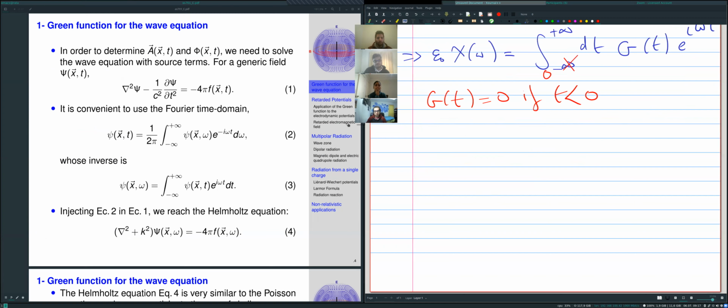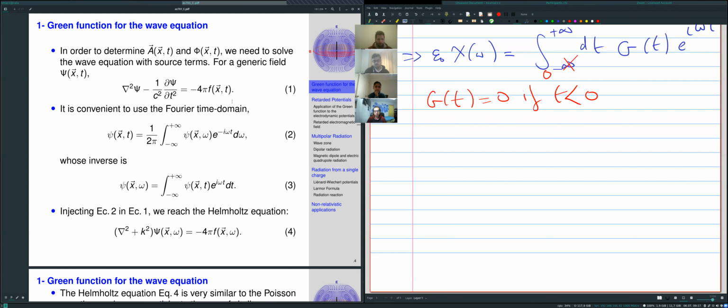Okay, and this can be generically written as equation 1. So that would be the wave equation with a source term for a component of the potential vector, or of the electric field, or of the magnetic field, or simply the electric potential. Okay, we have this type of generic equations, and this is what we want to solve.